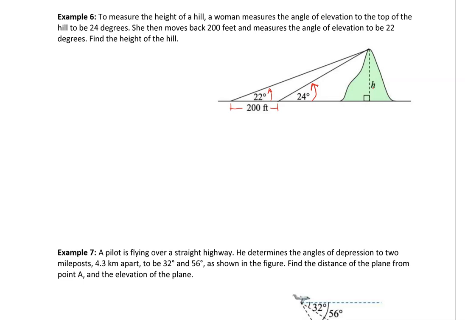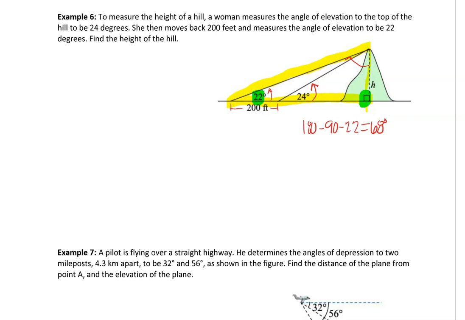So first thing I want to figure out is maybe some of these missing angles. Well, if I consider this triangle here, I have my angle of 22, I have my angle of 90, so I know that this entire angle would be 180 minus 90 minus 22, and that gives me an entire angle of 68 degrees.